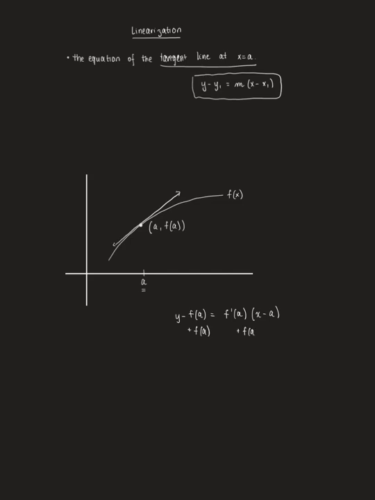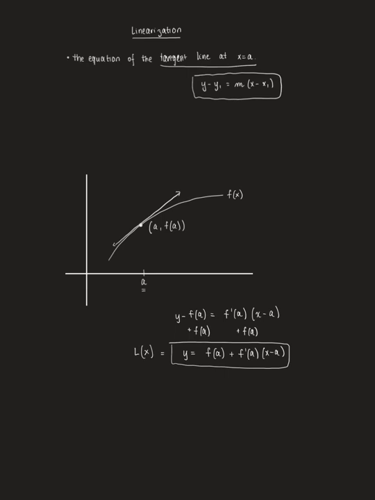And what we'll end up with is a rewritten linearization, or equation of the tangent line: f of a plus f prime of a times x minus a. This is what we call the linear approximation to the function. I'm going to label that L of x, just to remind us that it's a linear approximation, but it's the same as the equation of the tangent line.